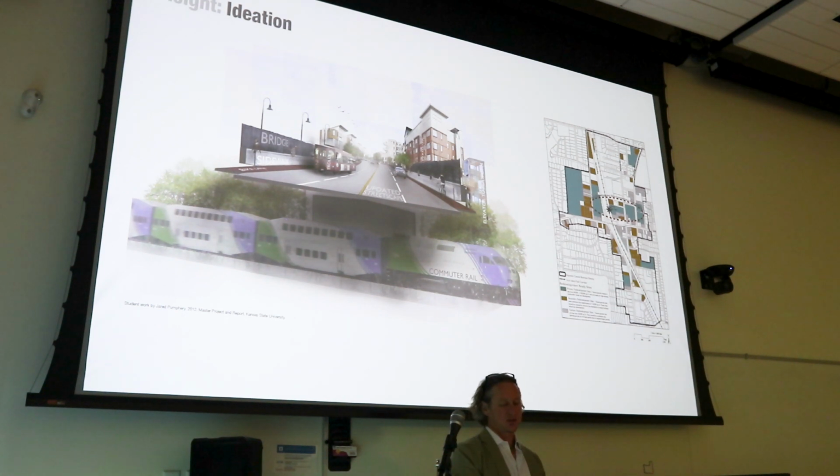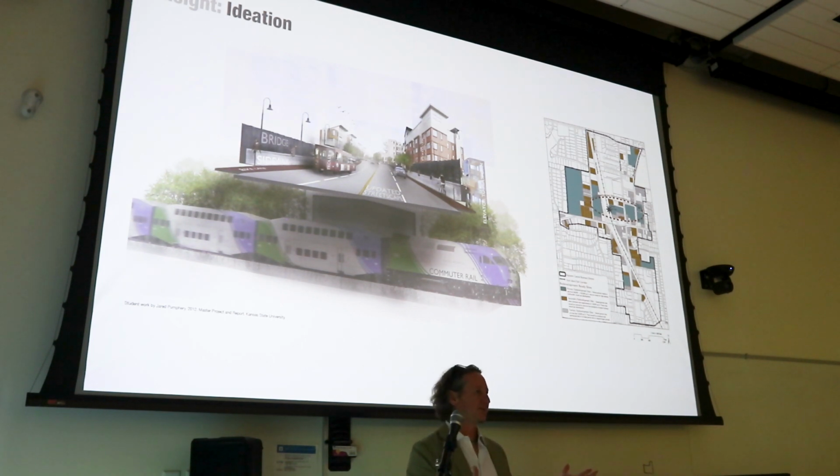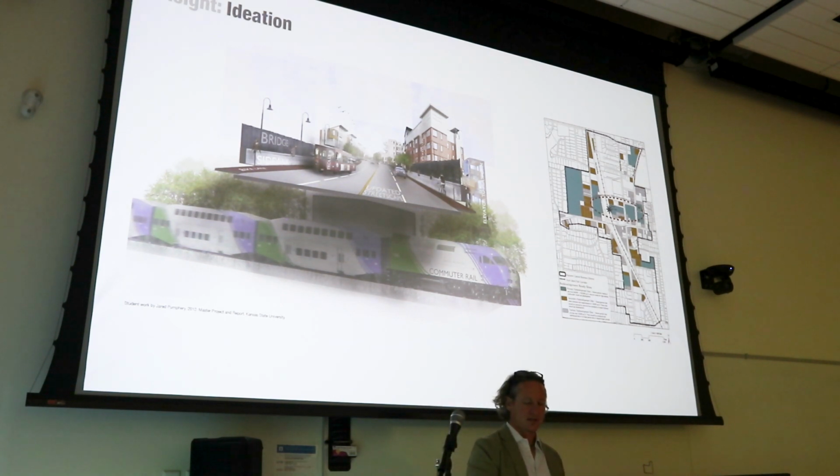In this case, Jared was just at the earliest stages of doing some mapping for an urban design project, and he started making compositions like this to investigate how he could improve the circulation systems of a commuter rail, a street, a sidewalk, bike lanes. This bridge didn't look like this at all, but he was just experimenting. He didn't take dimensions, he didn't worry about specifics, but was just trying to visualize it.